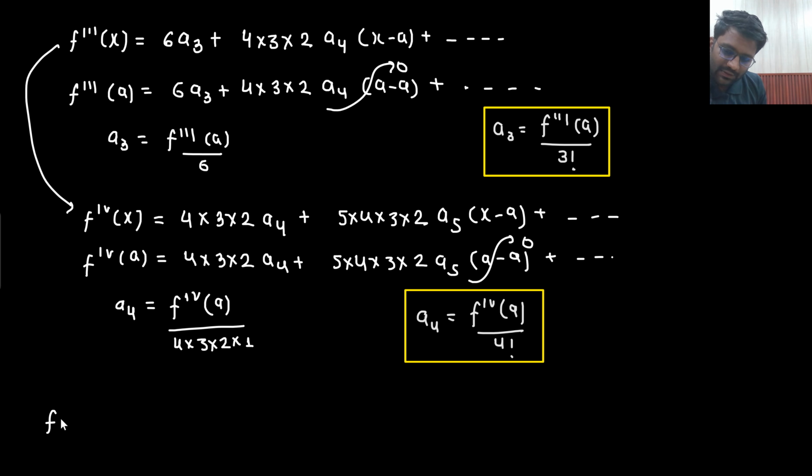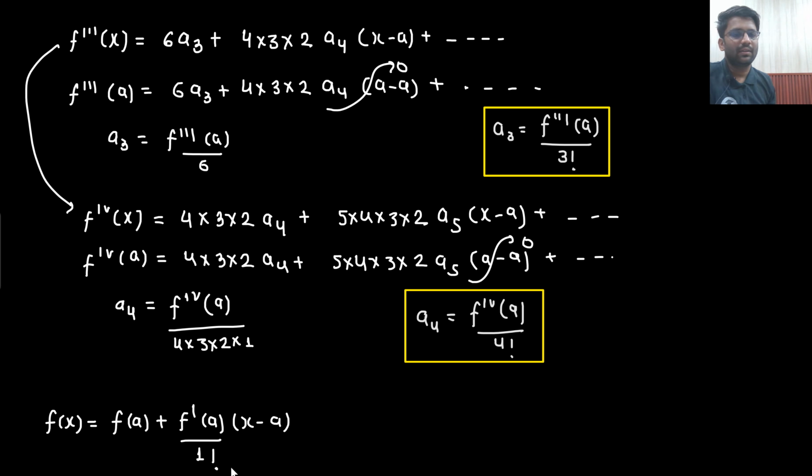Sir, we have got the general idea that f(x) about a point x equals to a could be written in this manner. F of a plus 1 time differentiation divided by 1 factorial. If you want to write down 1 factorial, it will be 1 only, plus 2 time differentiation, put x equals to a, divided by 2 factorial, and here the power will be of 2.